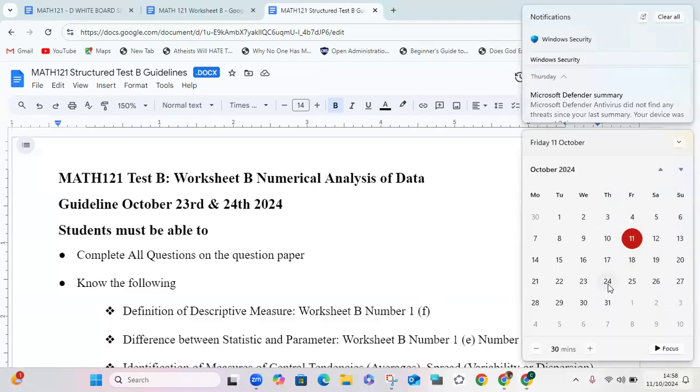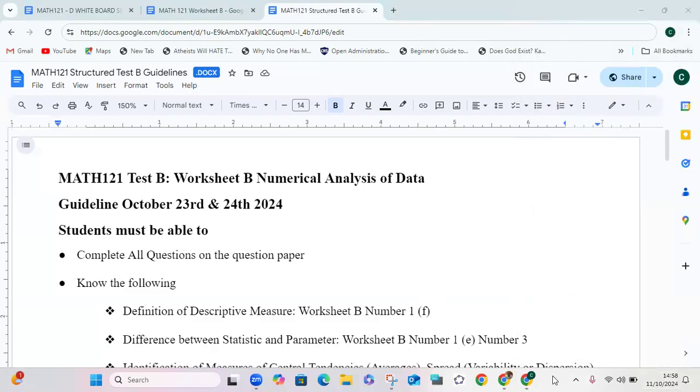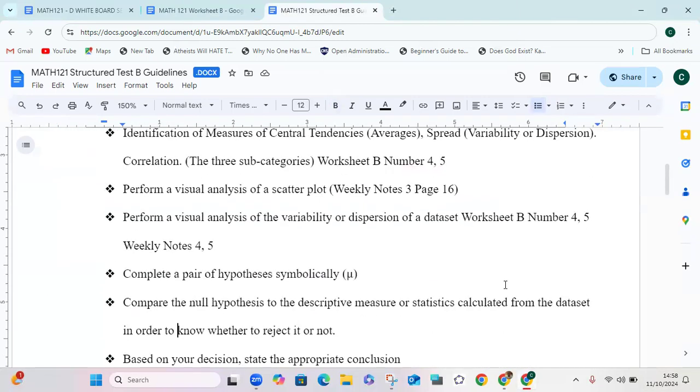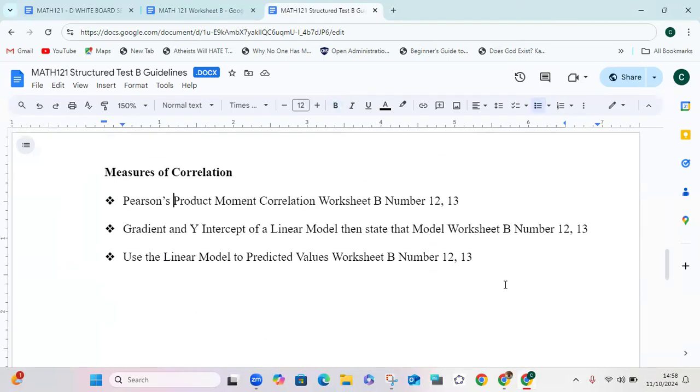This will be the week after next, the week of the Creole week, I think, because Friday is Creole Day and so forth. Okay? And then when we return, we'll continue. So Monday, we will initiate worksheet C. So please use this guideline to prepare you for test B.